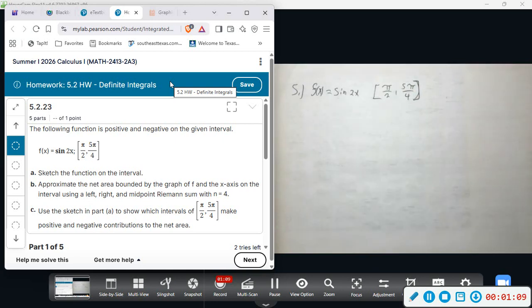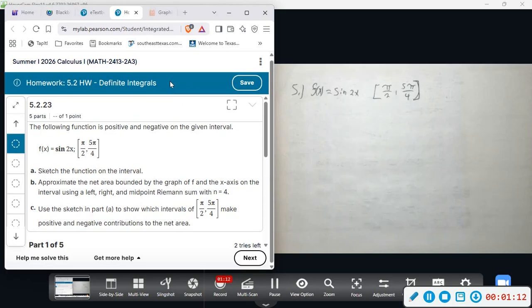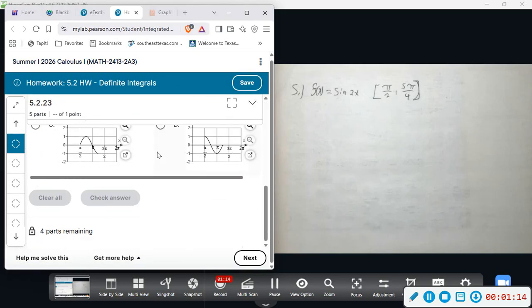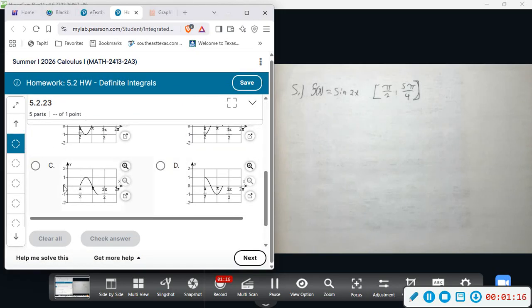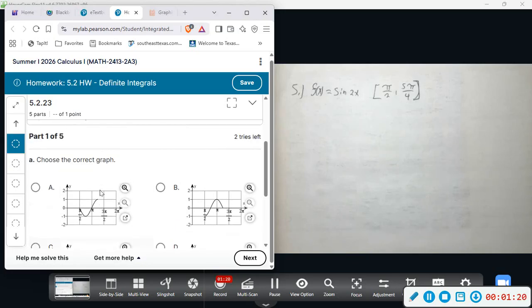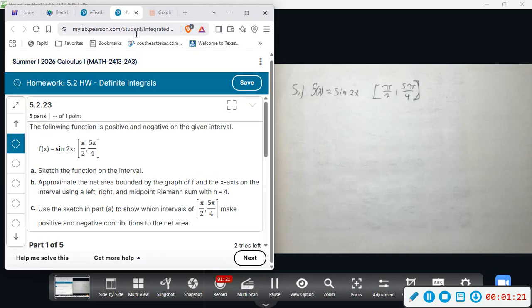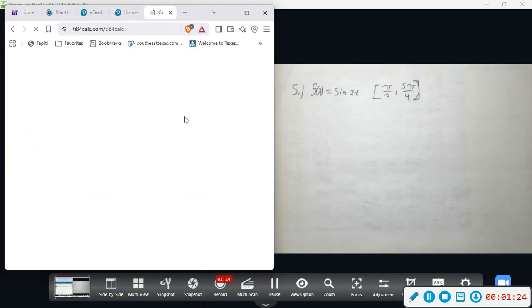And when I look at the graphs, our viewing window is going to be restricted from 0 to 2 pi, and we can just have it count by pi halves.